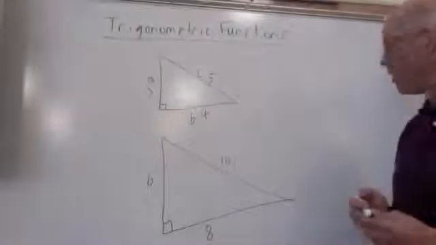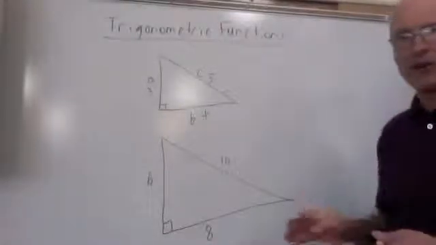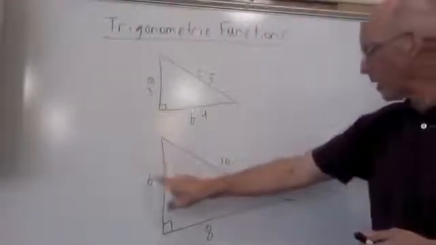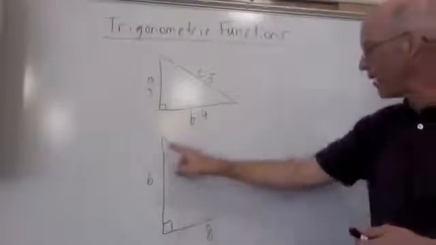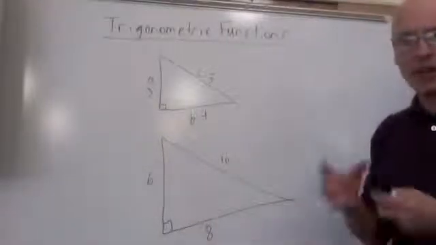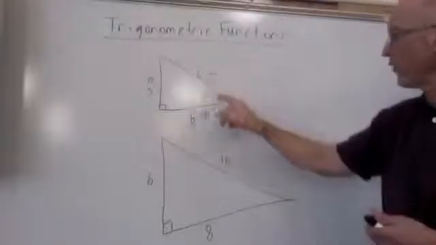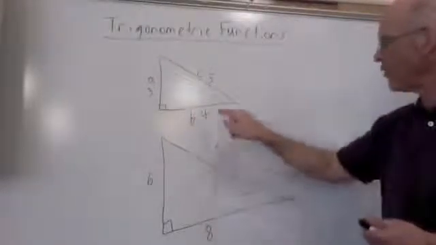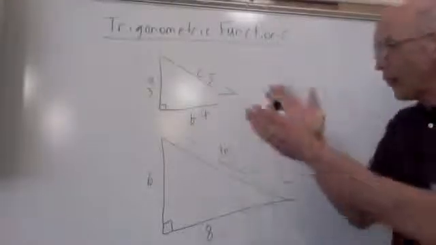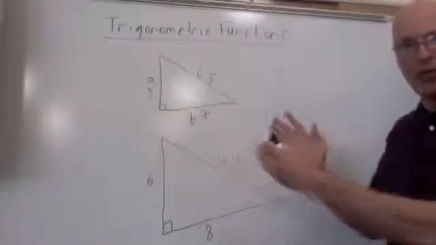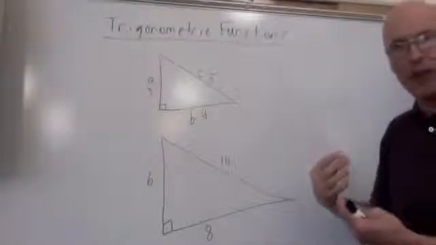I don't know if you can see it, and maybe my drawing isn't perfectly accurate, but even though I double the size of everybody, the angles are still going to be exactly the same. They're proportional. So the angles will stay the same, and now I just have to tell you one side, and you're going to know how big the triangle is going to be, because everybody's going to be proportionate with that.